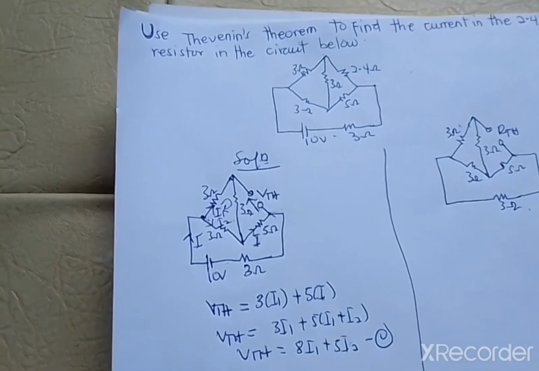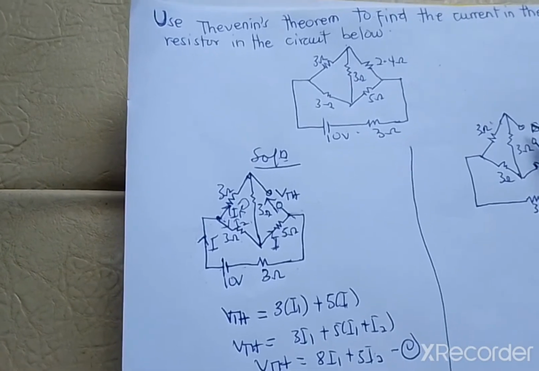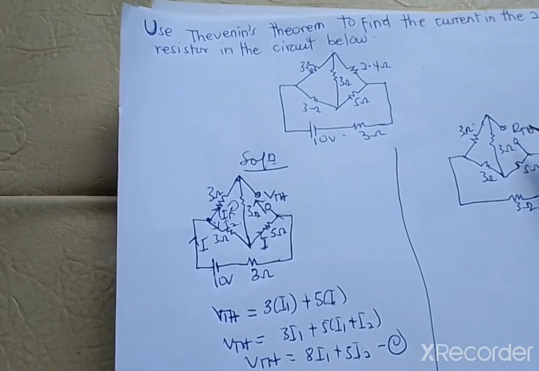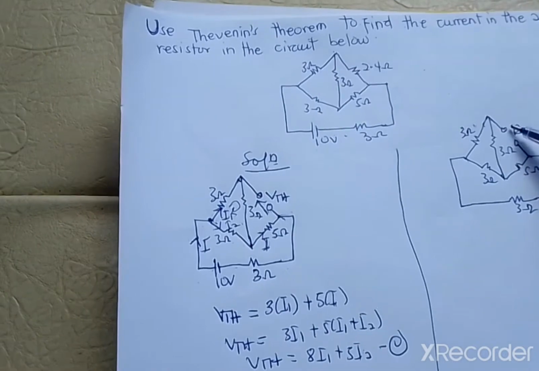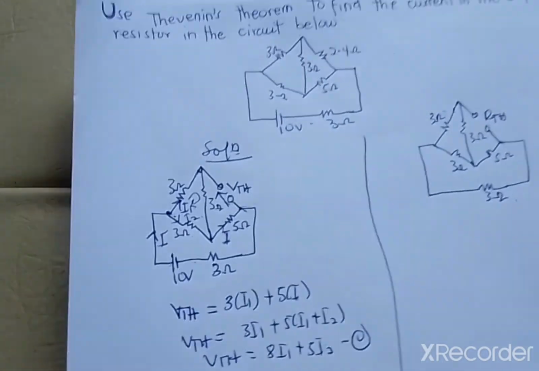So once you have this, you have to find the total resistance across this open network. So these open terminals, you are going to find the total resistance, that is RTH, across these open terminals.